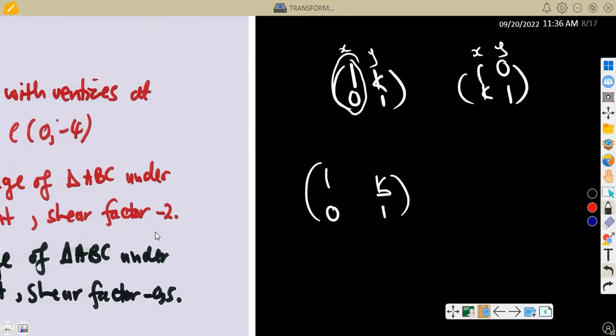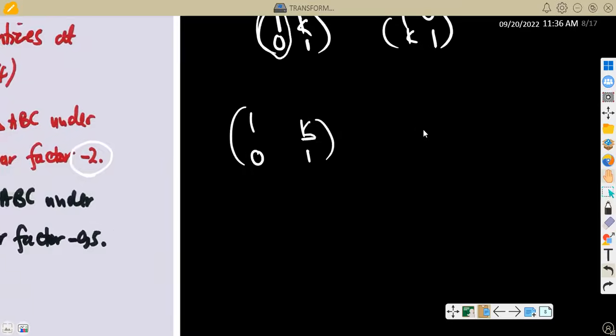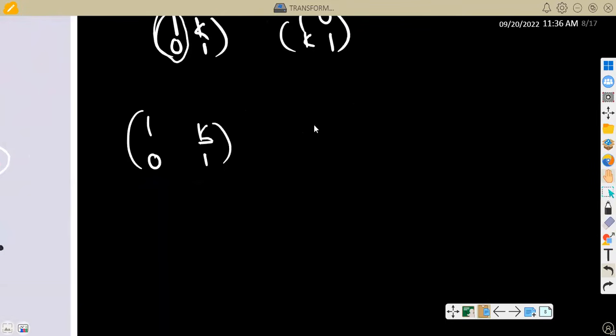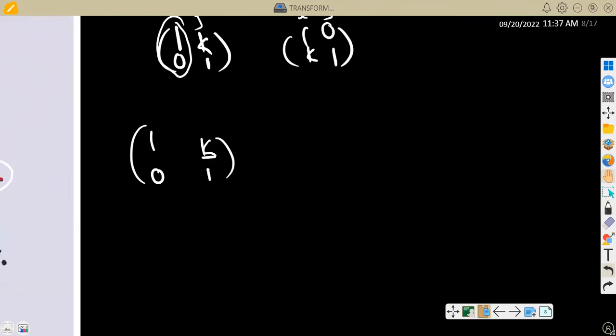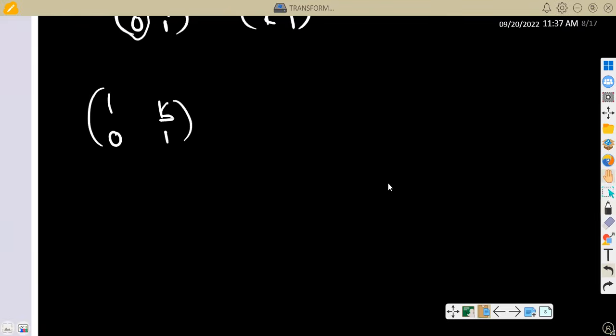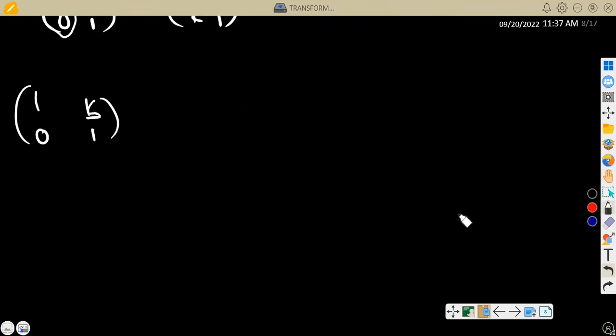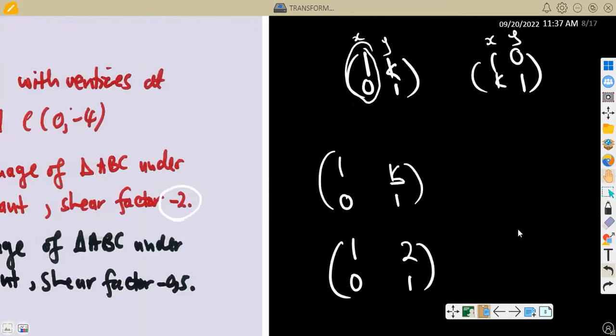And we are given that the shear factor is -2. So our matrix is going to be 1, 0, -2, 1. Remember your shear factor is -2.